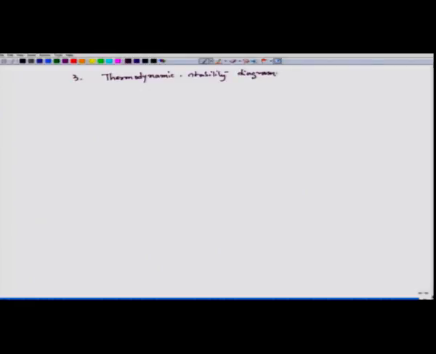It does not involve any kinetics. From this diagram we will not be able to tell at what rate, if there is any corrosion of a metal in the aqueous medium, what rate it is going. We cannot tell that from this Pourbaix diagram, because it is a thermodynamic stability diagram.